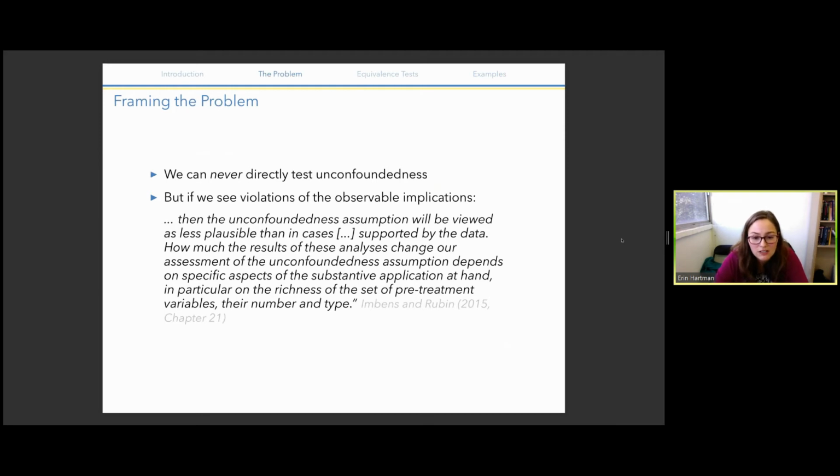So how much of these results change our assessment of unconfoundedness depends on specific aspects of the substantive application at hand, in particular the richness of the set of pretreatment variables, their number, and their type. So what they're arguing is that if you can show evidence that many pretreatment covariates and many important prognostic pretreatment covariates show equivalence, then that's evidence in favor of your design.